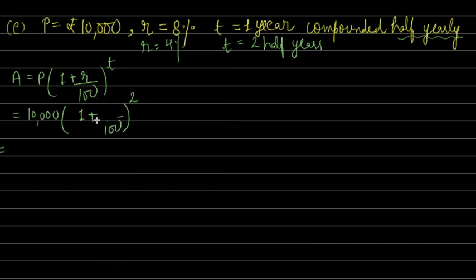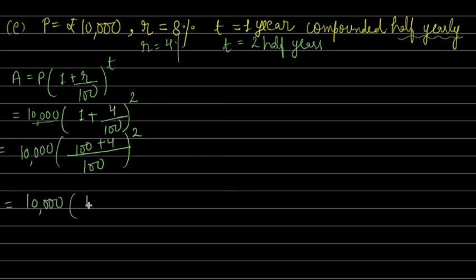So this becomes 4 upon 100. I will not prefer to cancel 4 upon 100 because when 100 is taken as LCM in the denominator, this will be completely cancelled with 10,000. So I am not just simplifying it, rather I am taking 100 as LCM. This becomes 100 plus 4 whole square. So 10,000 into 104 upon 100 square.